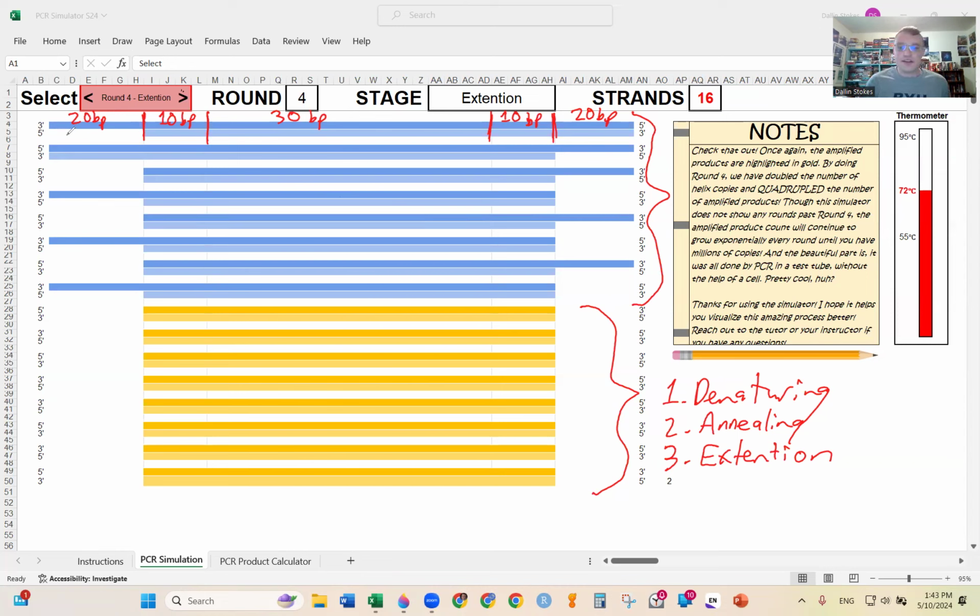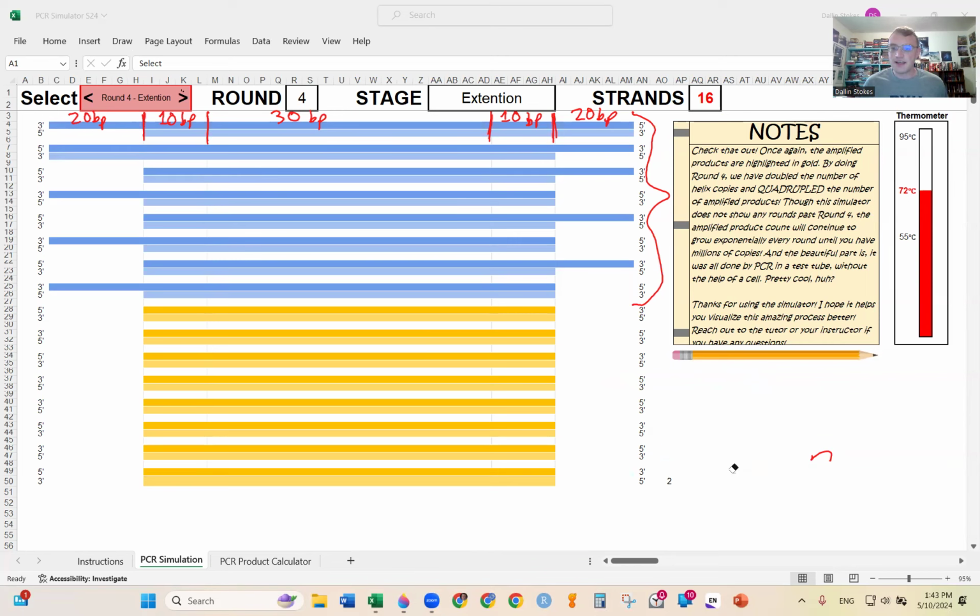Now, we've talked about how we double the number of strands you make every single time you do PCR. So if I was asking you how many copies of DNA you'll have after a certain number of rounds of PCR, you could simply do your original starting number times 2 times 2 times 2 times 2 times 2, right?